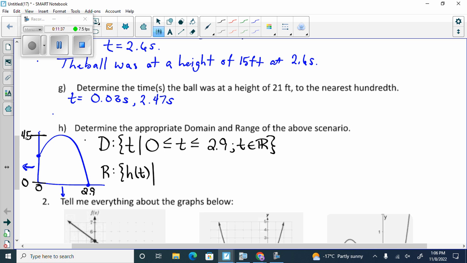And then all the y values between 45 and 0, I can find a value for it because the graph continuously goes through them, right? And some of them I can even find 2 times where they hit that. So we go low to high. So we go 0, we go 45. We put the h of t in the middle. And then we go less than or equal to, less than or equal to. H of t is an element of the reals.